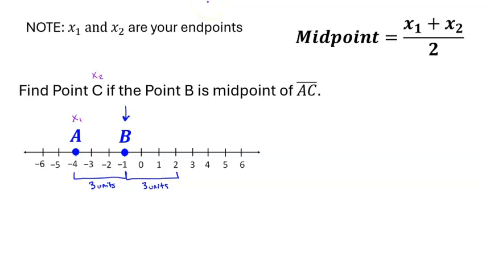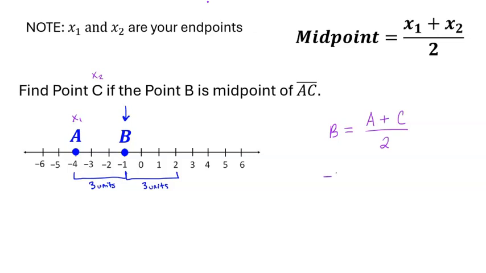So now when I'm looking at this formula, our midpoint is now B, is equal to, and then we've got x1, which is going to be A, plus, and then C is our x2. And so if you want to put C here, you can. And then go ahead and plug in those pieces.